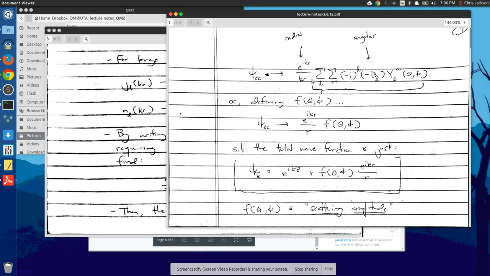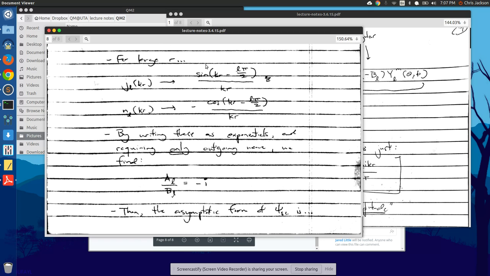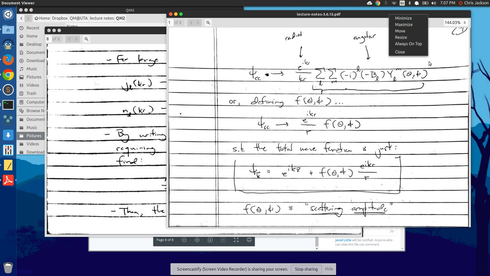So here's our radial piece that's coming from expanding the Bessel and Neumann functions, right? Here's our spherical piece, and then here are our coefficients, okay?